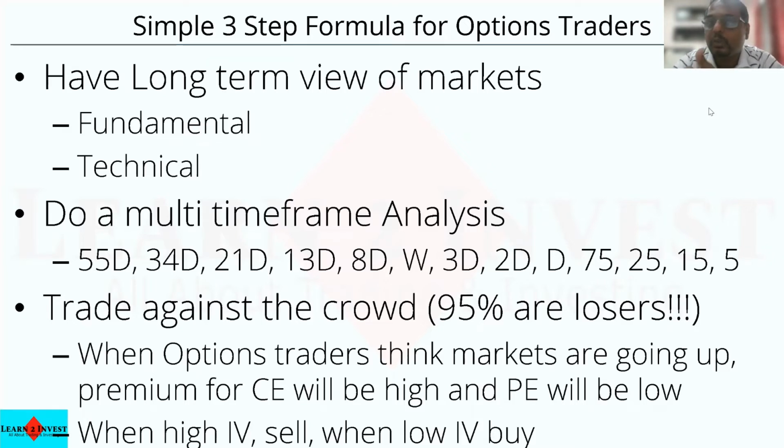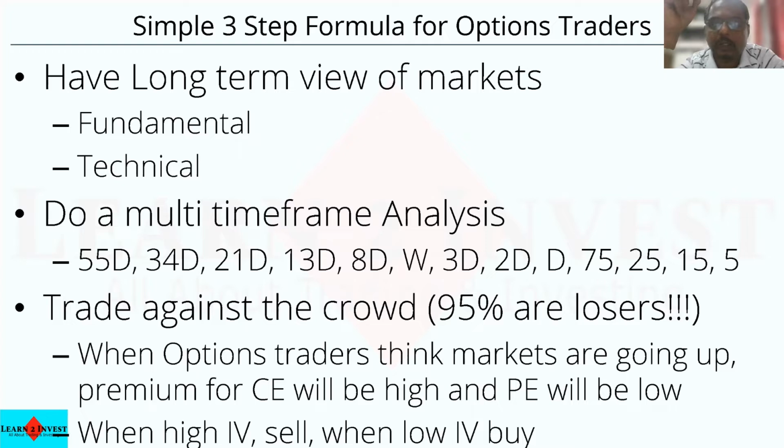So 1, 2, 3, then 5 is weekly, then 8, 13, 21, 34, 55. So I would do analysis on different days. Why? Because the market has a fractal nature, okay.